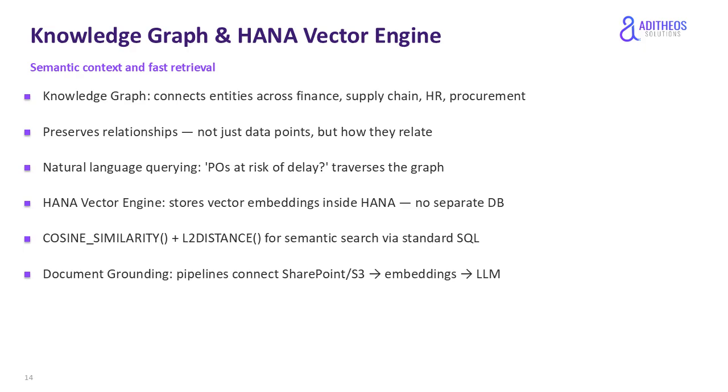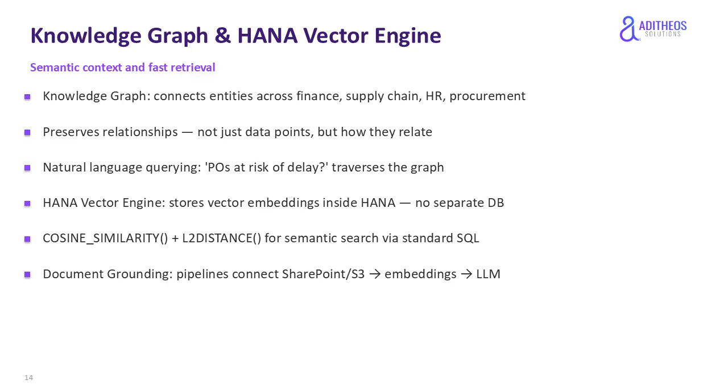This is what enables Joule to answer, "Do I have any purchase orders at risk of delivery delay?" Because the agent navigates from PO to supplier to delivery schedule to performance history, rather than relying on flat data queries that miss the connections between entities.